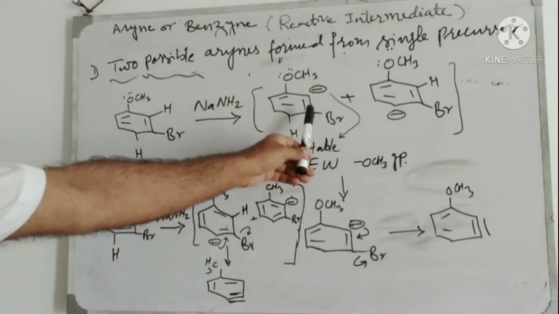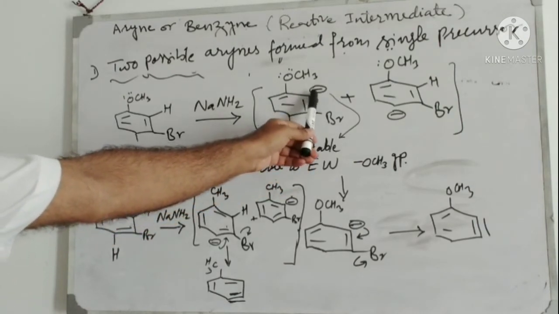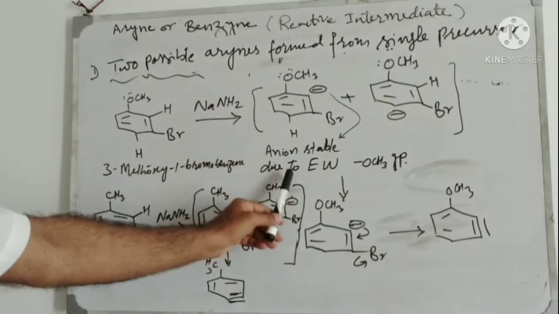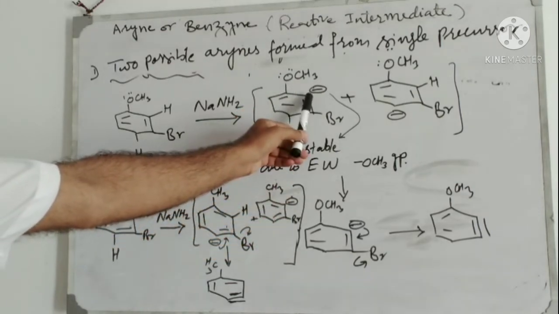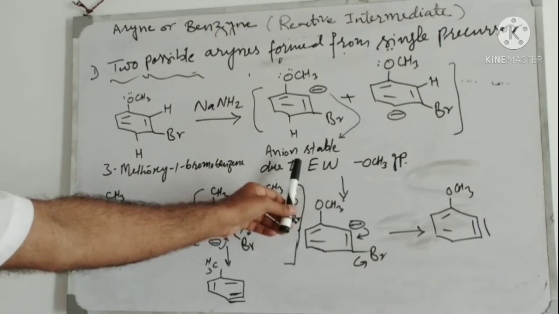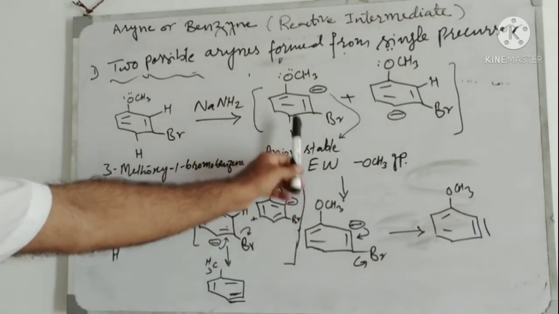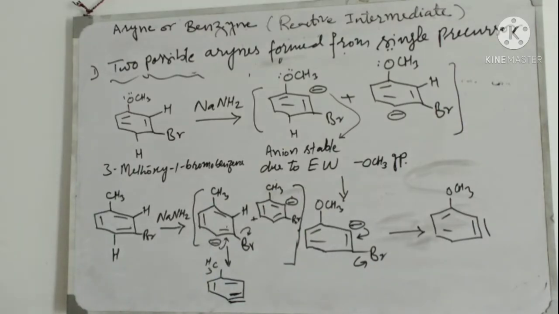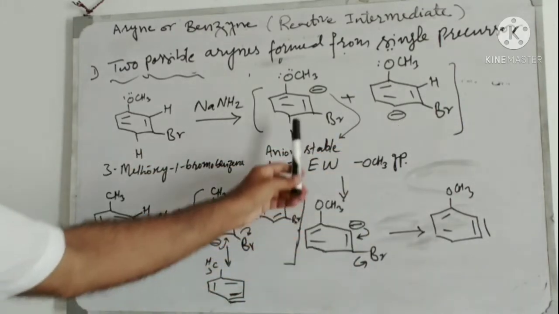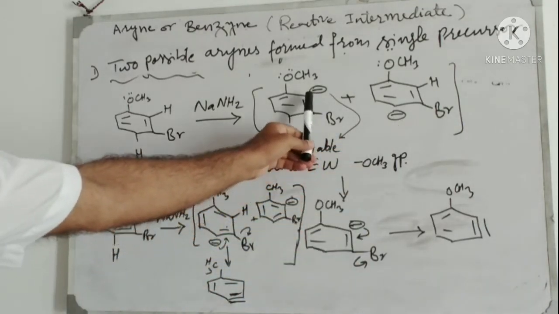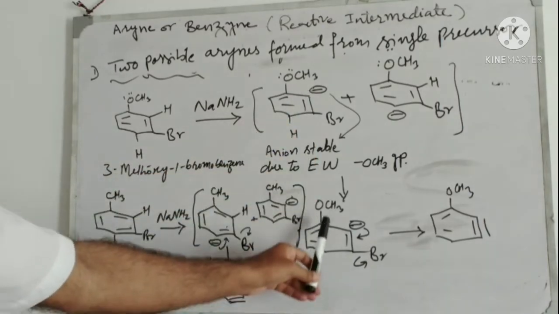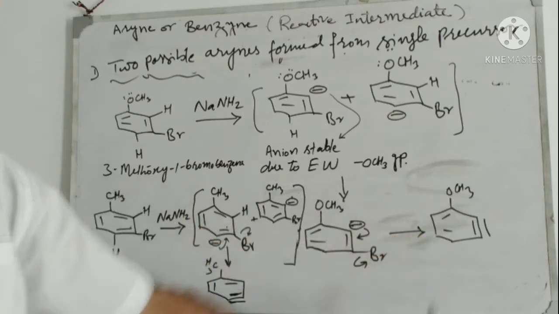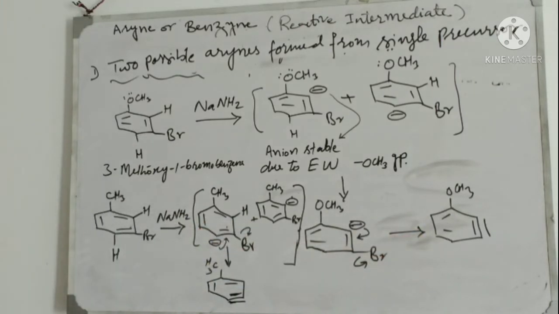If it generates the anion here, this anion is ortho to this methoxy. This methoxy is an electron withdrawing group. So this anion is more stable due to the negative inductive effect, or electron withdrawing inductive effect, of the methoxy group as compared to this anion. So this carbanion is more stable, so that we can have then this aryne intermediate.